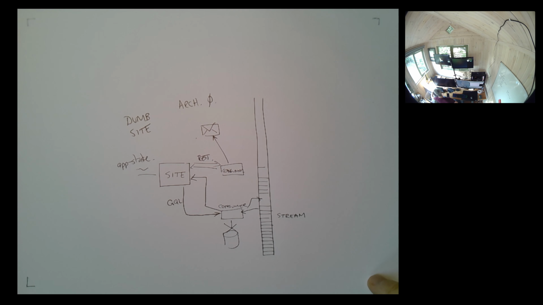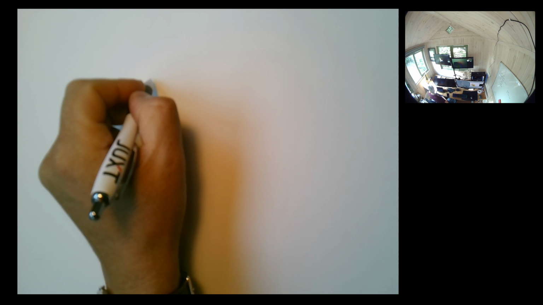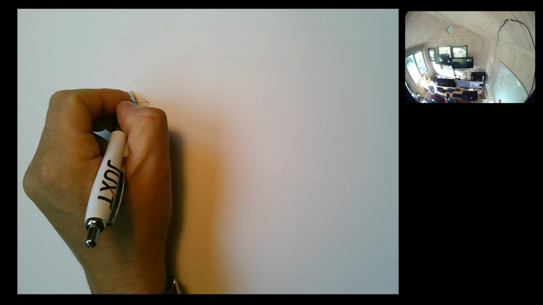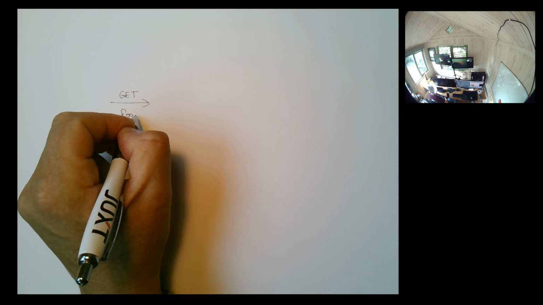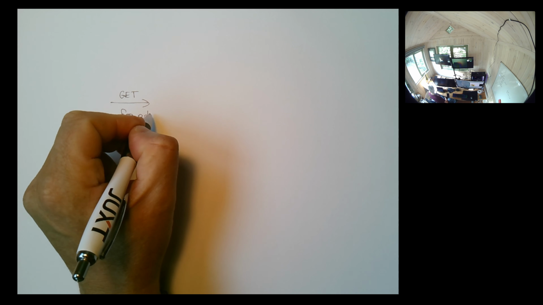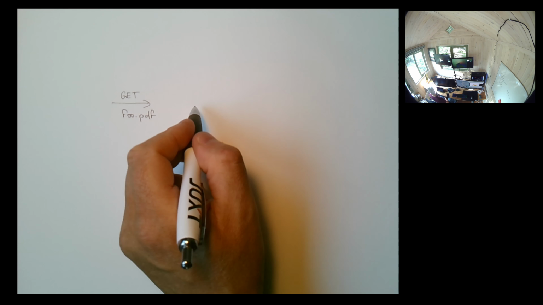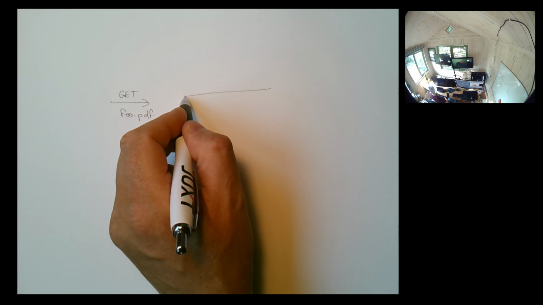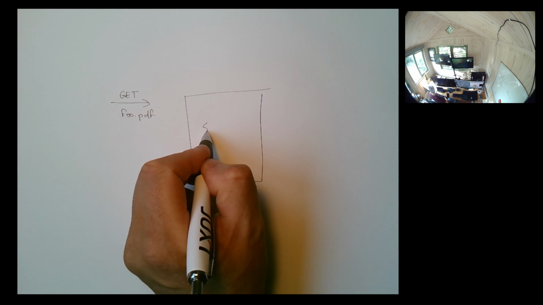Yeah. So I mean, we could draw that out really. You get a request that comes in. This is a GET request. You're looking for foo.pdf, let's say, but that PDF comes into site, and that PDF doesn't exist yet.